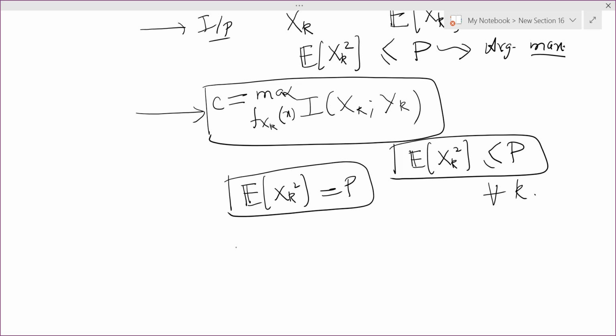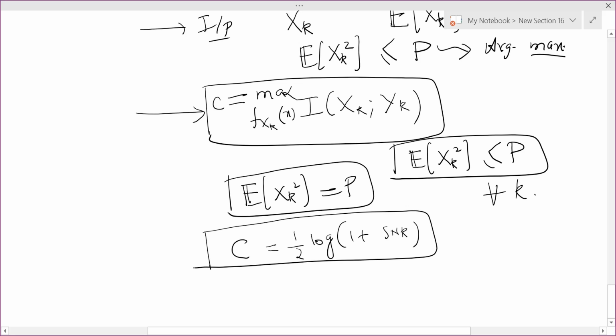In that, E is equal to mc square is there. Similarly, F is equal to ma, the Laplacian equation, Bernoulli's equation. There will be this equation also: C is equal to half log of 1 plus SNR. This is the maximum rate, the capacity. We are going to prove it in the next class.